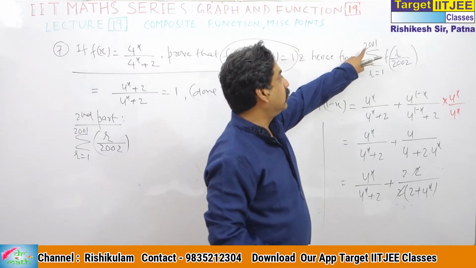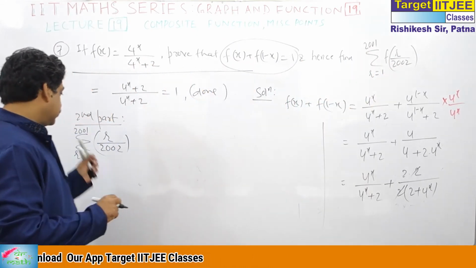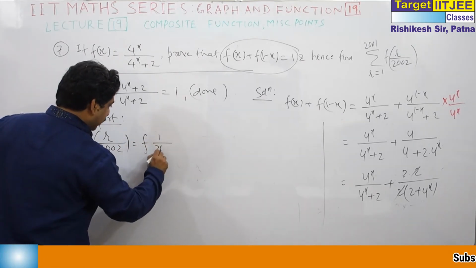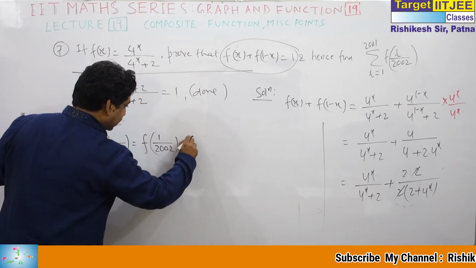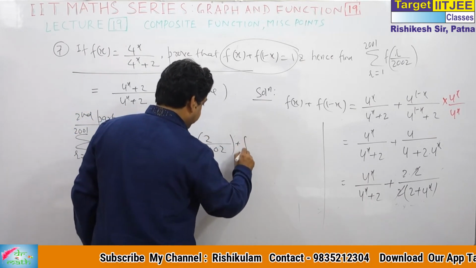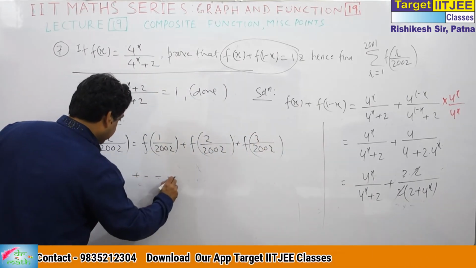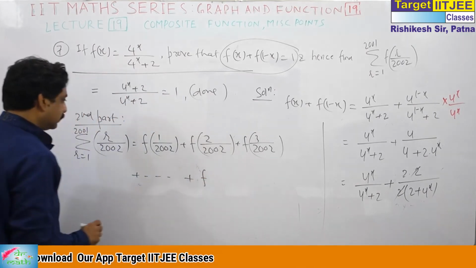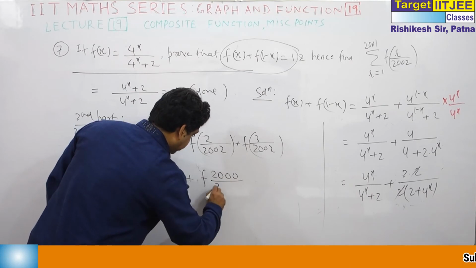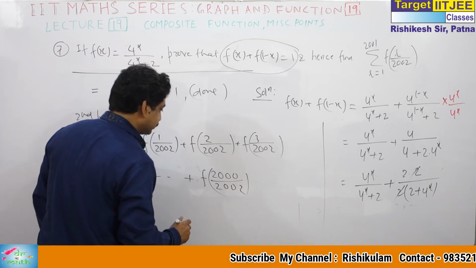If I take 2021 here, I will take 2022 there. This is important. This is actually f of 1 by 2002 plus f of 2 by 2002 plus f of 3 by 2002, and likewise, like 1 or 2 from last, f of 2000 by 2002, and this is what?